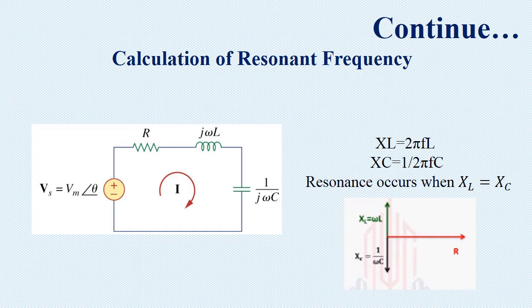So if we apply the alternating voltage source across the circuit, then we have the resistor component first, and we know that the effect of the alternating source on the resistor is 0. So we will take the resistor on the x-axis as the reference, and we will draw the capacitive reactance and the inductive reactance relative to this reference.